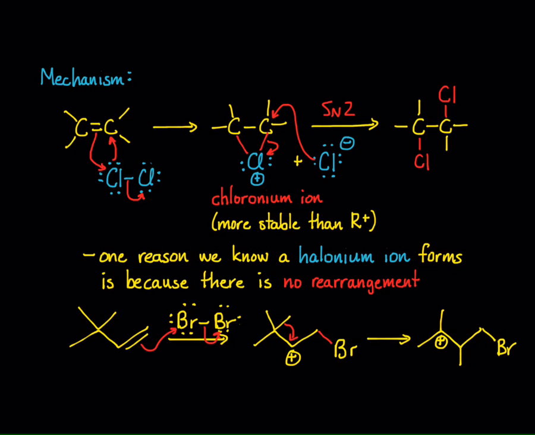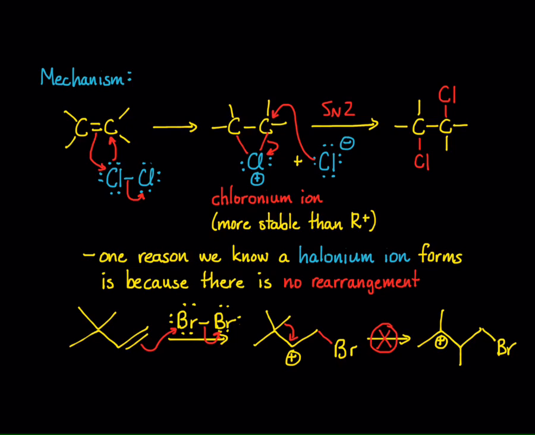And so I would certainly predict that I would get this carbocation, which is more stable, a tertiary carbocation, more stable than a secondary carbocation. And of course, bromide would then attack that, and I would definitely not be making a vicinal dibromide. I know this reaction doesn't occur at all, and therefore there can't be any carbocation that forms from this reaction.